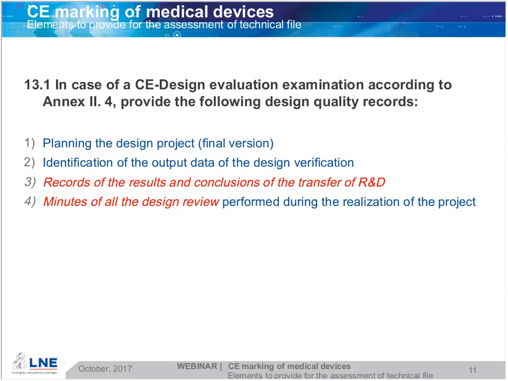I would like to remind you that transfer is a part of design, and it is a requirement. Item 4 is about the minutes of all the design reviews performed during the realization of a project, so that we can follow the project during its lifetime.